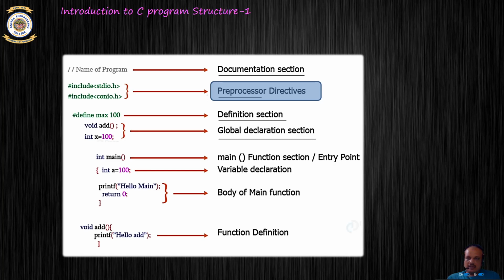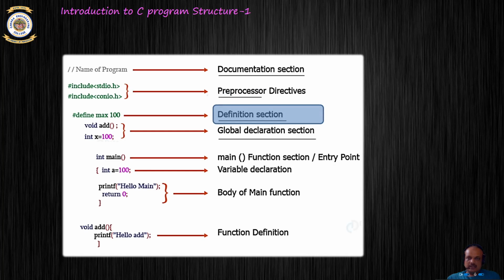The header files are associated with a specific set of functionalities. So every functionality has an associated header file. In order to enable this functionality, the programmer has to include that particular header file in the pre-processor directive part.